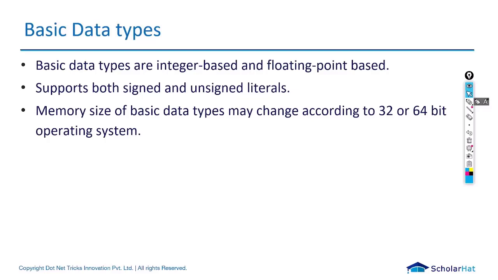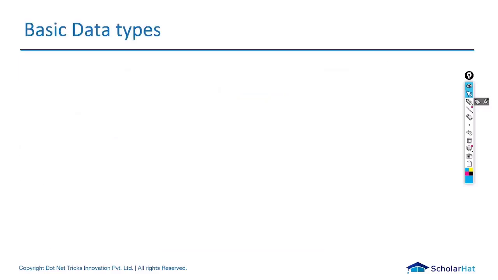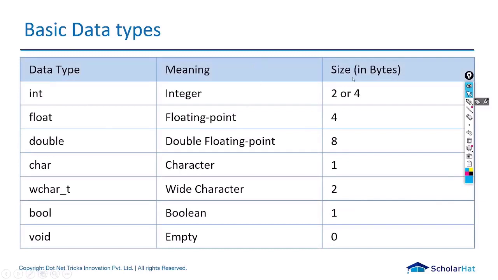It means you can see data types have been given some size. Basically int means integer, and it can take 2 bytes of memory or 4 bytes of memory. It depends on the architecture of the machine, whether it's 32-bit or 64-bit.